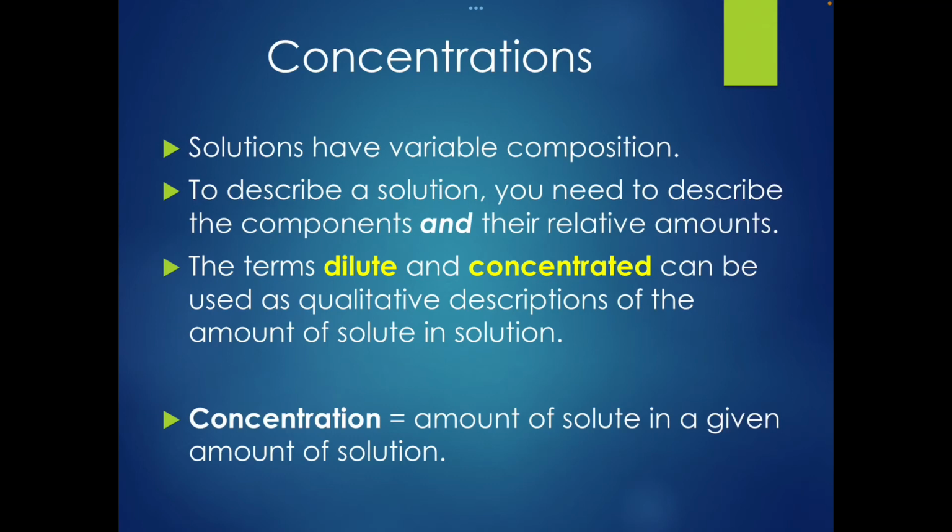Because I could add more salt and it would keep dissolving. So just using general terms like unsaturated, saturated, or supersaturated doesn't tell us a lot about, okay, well, how much dissolved? Like if it's unsaturated, well, by how much, right? And so we need to have another way to describe these amounts.